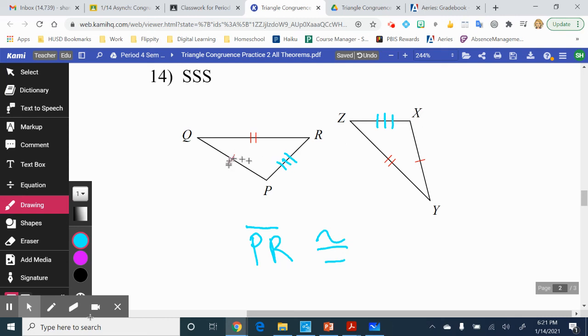Because it's between the red and the blue lines. So it has to be X first and then your Z, and put a line on top of it so that you know it's a line segment from X to Z.